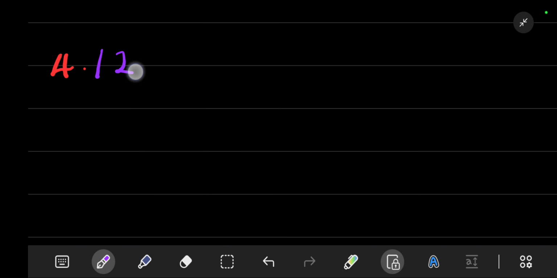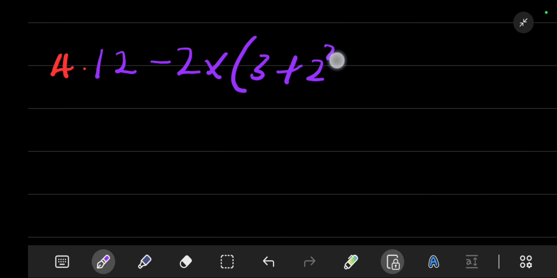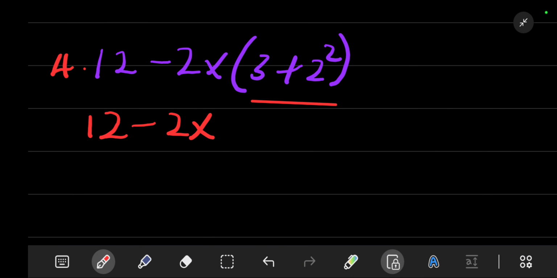Now you have 12 minus 2 multiplied by (3 plus 2 squared). We solve for what is in the bracket first. Therefore, 12 minus 2 multiplied by, open bracket, 3 plus 2 squared. 2 squared means 2 times 2, equals 4.